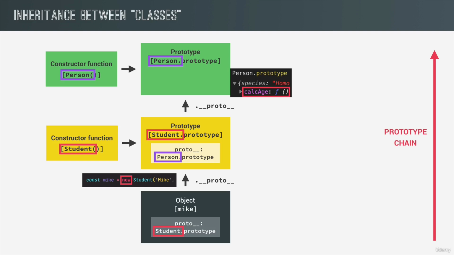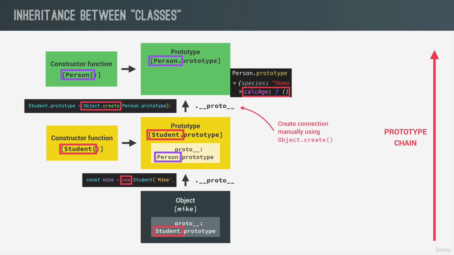So that's why I created it. Okay. Now, anyway, we are gonna have to create this connection manually. And to do this, so to link these two prototype objects, we are gonna use object.create, because defining prototypes manually is exactly what object.create does. Great. So let's go do that.